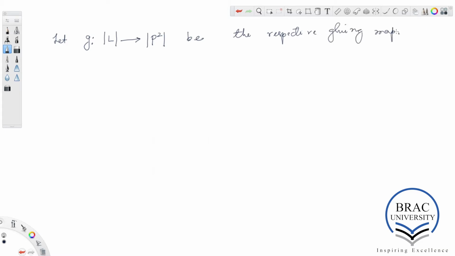So we just saw that A, which is g of the boundary of |L|, in this case is homeomorphic to a circle. This circle is precisely the circle along which the Mobius band is attached to the unit disk.